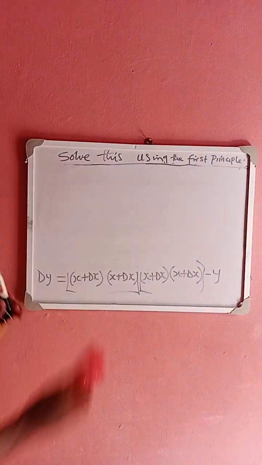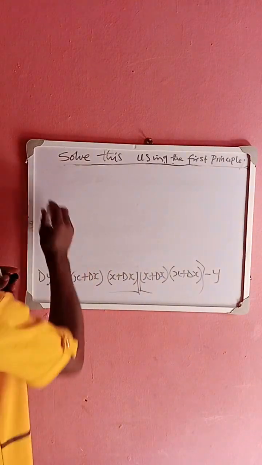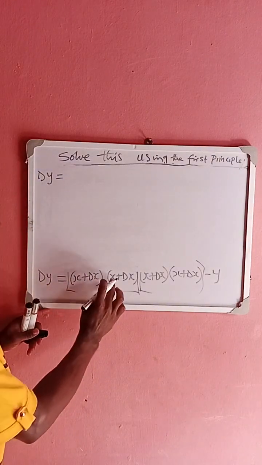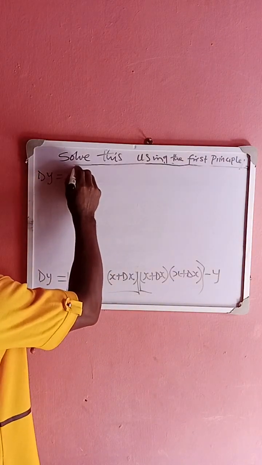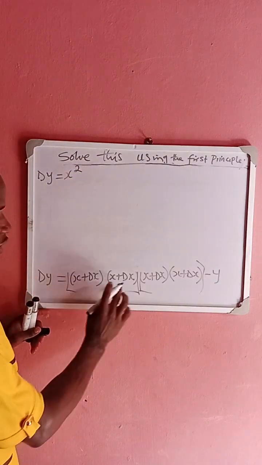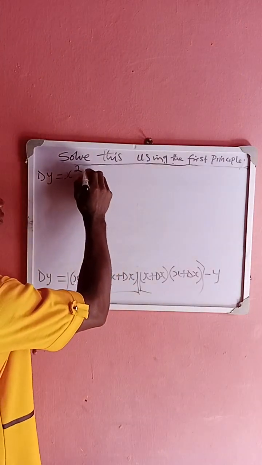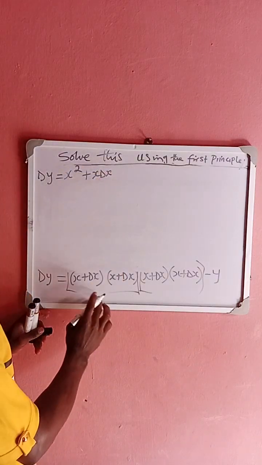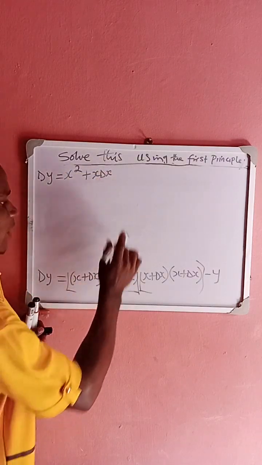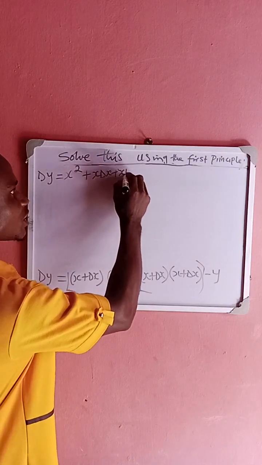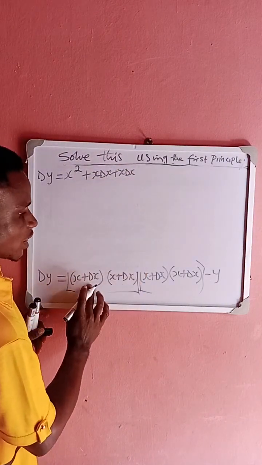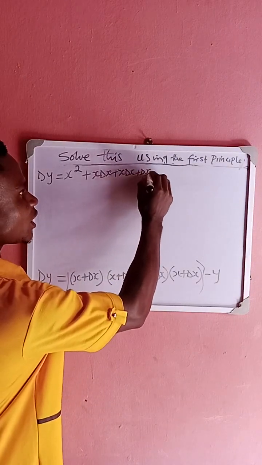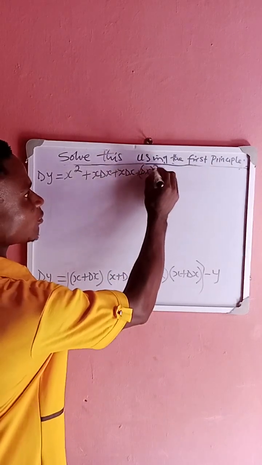Doing that now, what do we have? We have the change in y. Change in y is equal to x multiplying this x, we have x raised to the power of 2. x multiplied by change in x, we have plus x change in x. Then change in x multiplied by x, we have plus x change in x. Then change in x multiplied by change in x, we have plus change in x raised to the power of 2.